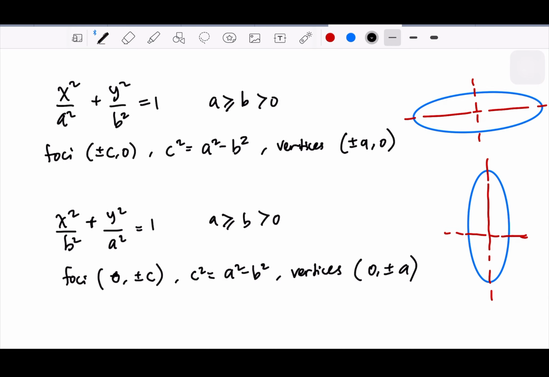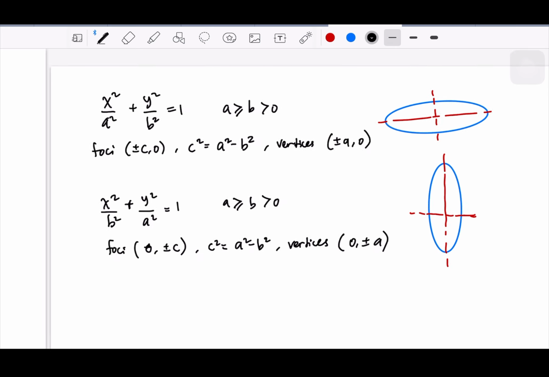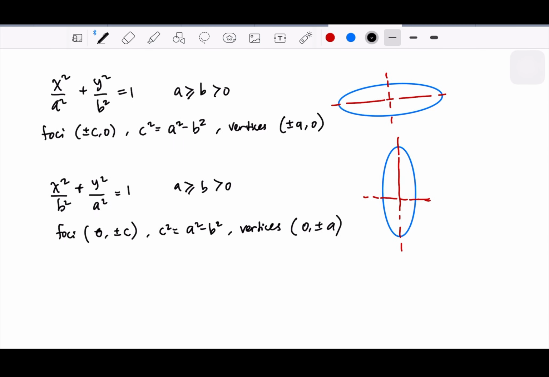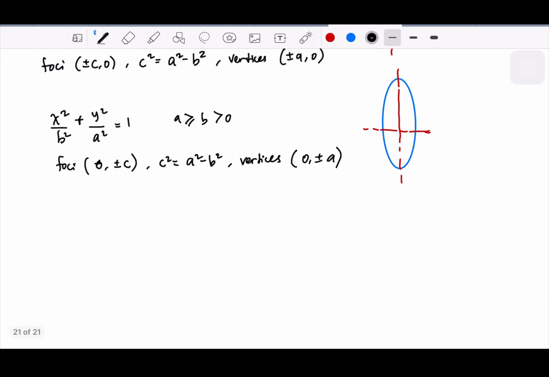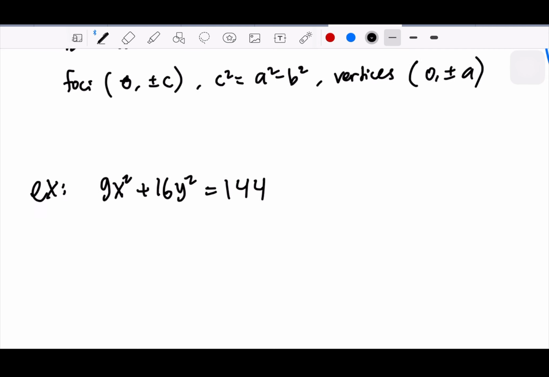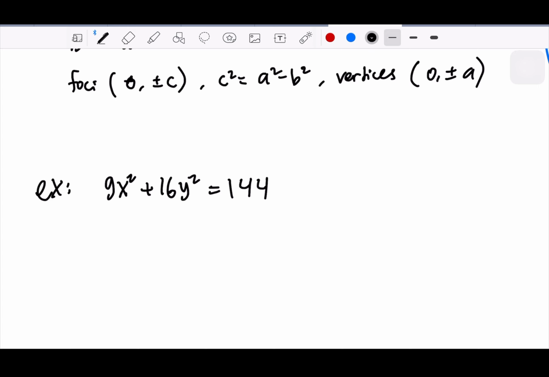Okay, so let's continue a little bit, and maybe give you an idea of how we can use this formula to at least sketch or determine the equation of an ellipse. Okay, if we have 9x squared plus 16y squared equals 144, now we can simplify this equation.